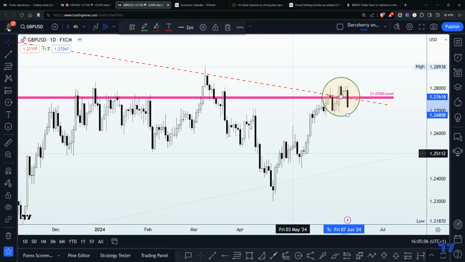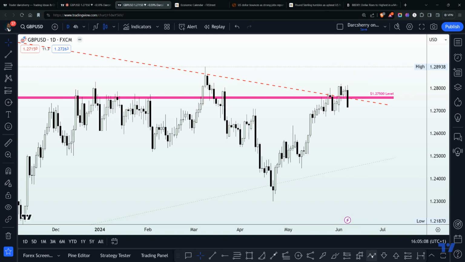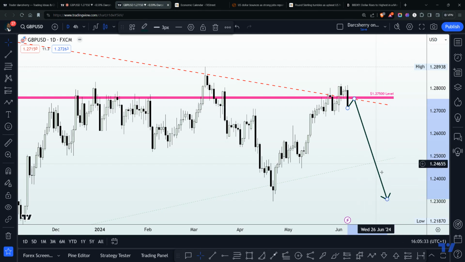Now, the question as we head into the new week is, will selling pressure continue below the 1.275 like it has always done in the past to incite a sell off, maybe into this ascending trend line, which when I looked at it earlier, will be dovetailing to about a 300 pips move at least if price gets into the trend line. And in fact, it could be much more if we see a breakdown of this ascending trend line.